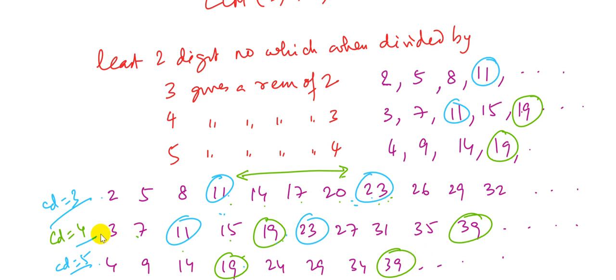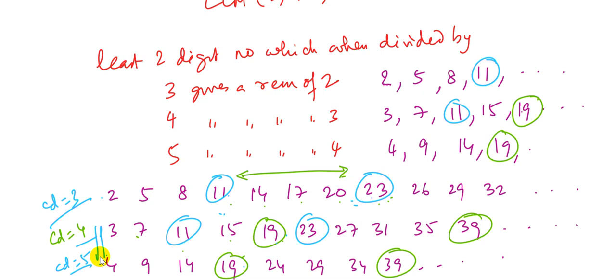So that means I have to take the LCM of 4 and 5, which is 20, right? Clear? Understood?